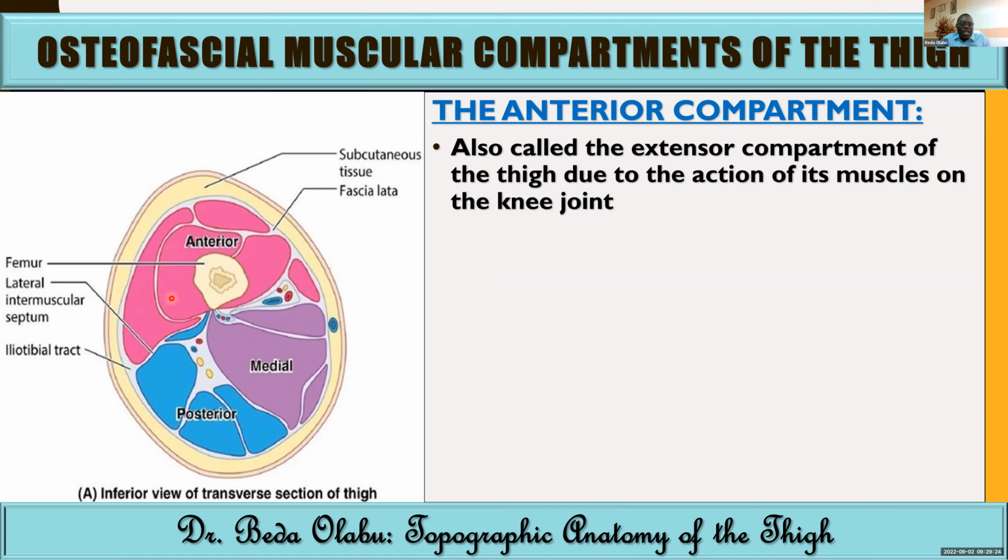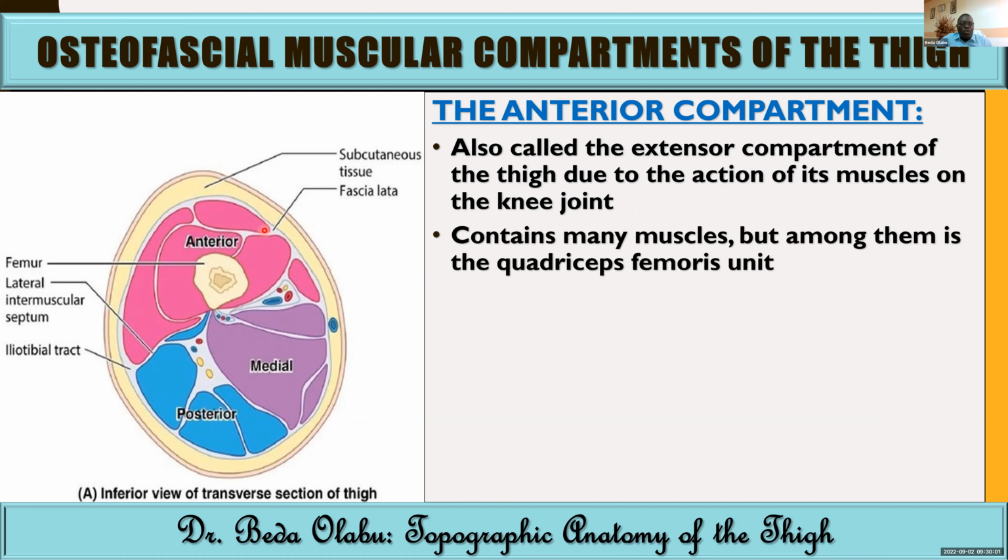These muscles, which are anterior in the thigh, insert partly some of them into the patella, and so by attaching to the patella, by extension, there's the extension all the way to the tibia. When these muscles contract, they cause extension at the knee joint. Because of their action at the knee, we call this anterior muscular compartment the extensor compartment of the thigh.